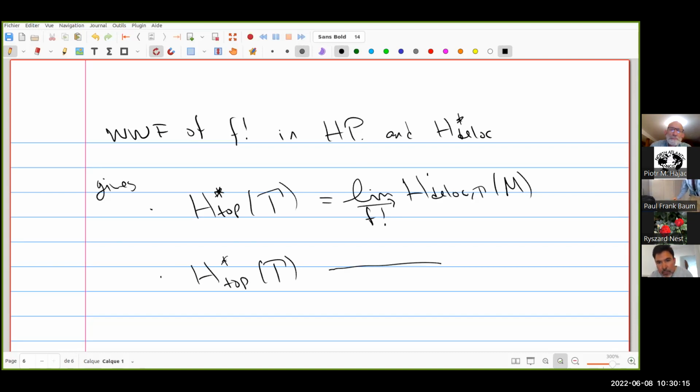We can define an assembly map, which is essentially in the elliptic part of the cyclic periodic cohomology, which is in fact the cohomology of the group, but the delocalized version.